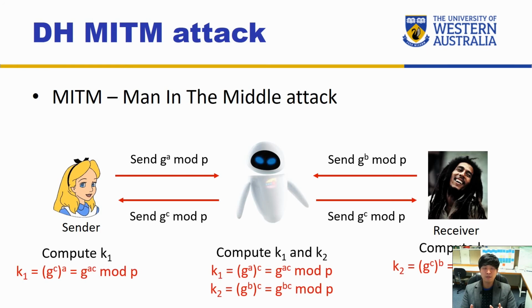So Eve will have two keys, K1 and K2, K1 with Alice and K2 with Bob. Okay. Once this has been established, whatever Alice sends, Eve can open it up and either echo it back to Bob and the same the other way, or make changes as she sees fit. So this is the danger of the man-in-the-middle attack.